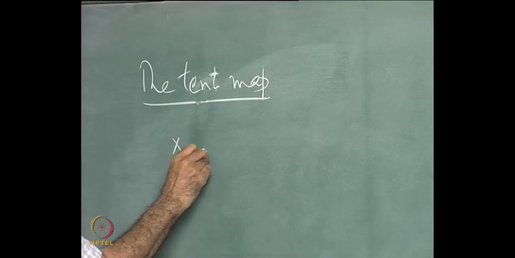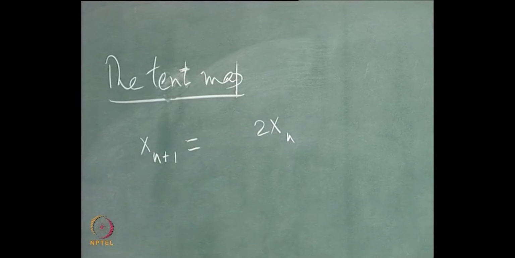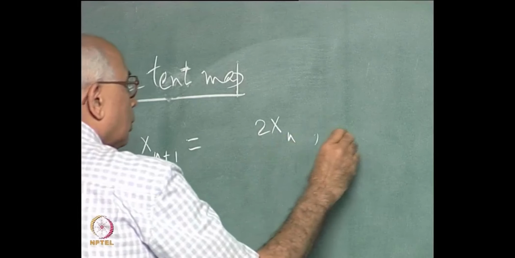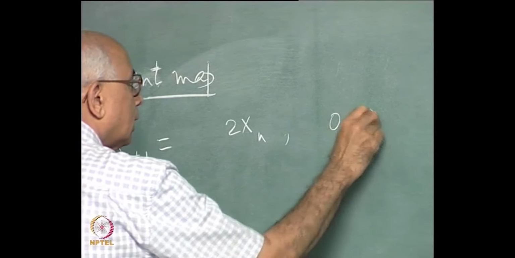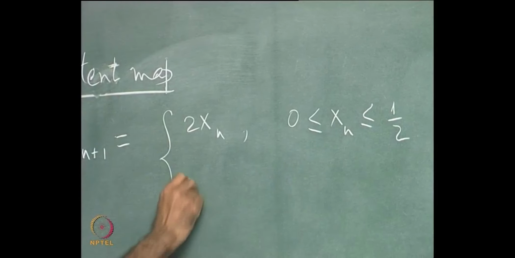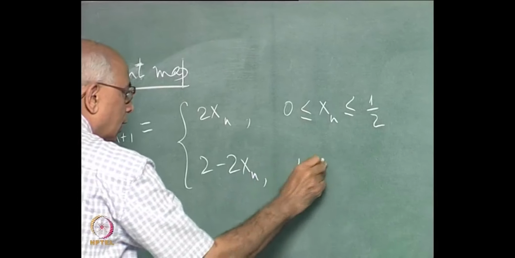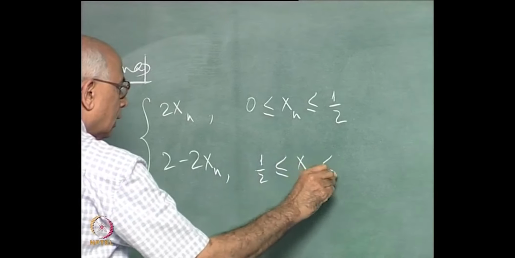It is given by the function x_{n+1} is 2x_n, the doubling map as before, provided 0 ≤ x_n ≤ 1/2, and it is 2 − 2x_n for 1/2 ≤ x_n ≤ 1.